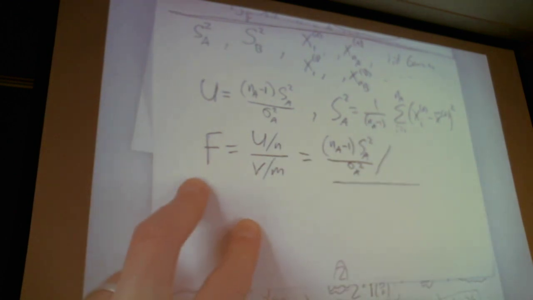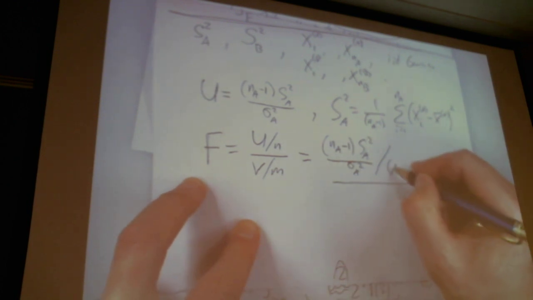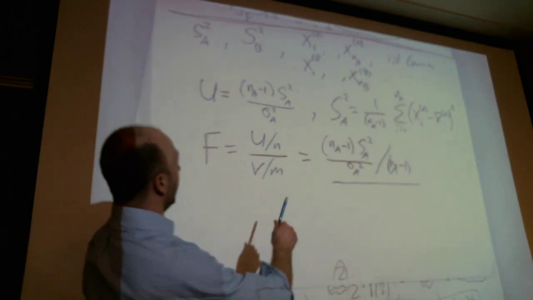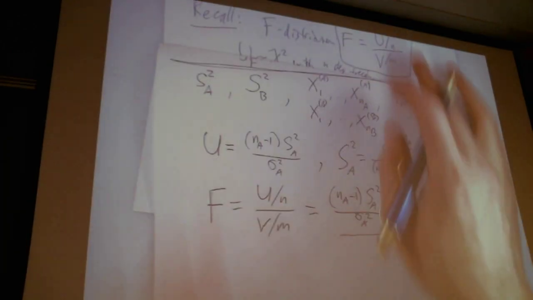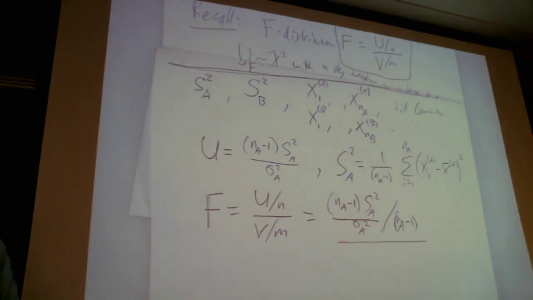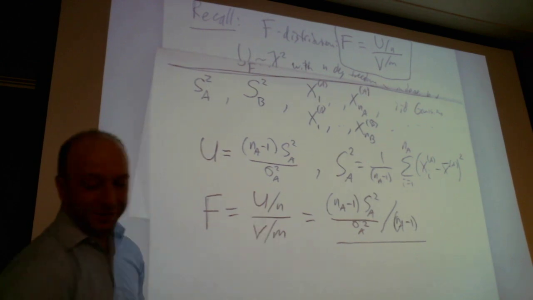And what is its degrees of freedom? Taylor? NA minus 1. The point of this is to show you that. Well, I guess I rewrote it, so I don't have to show it to you anymore.